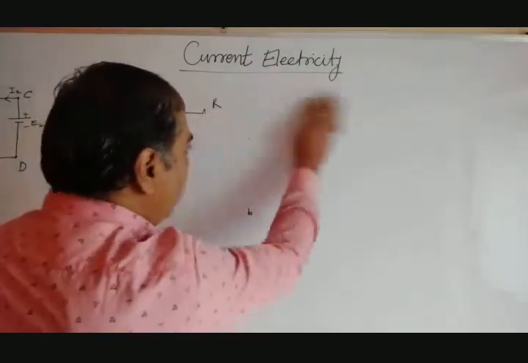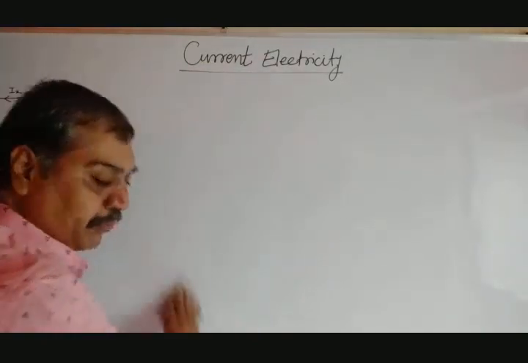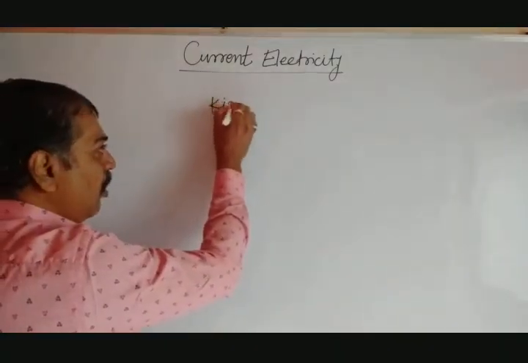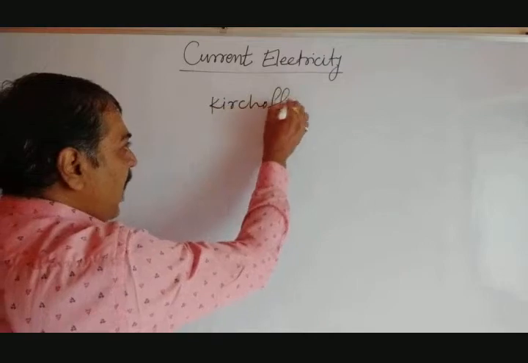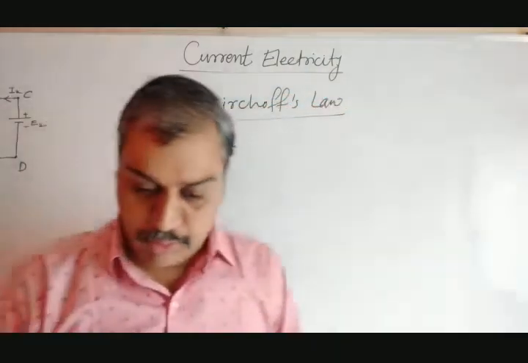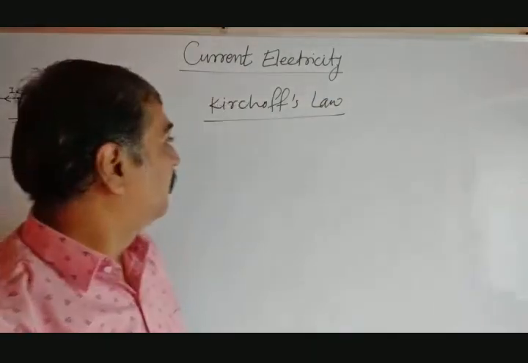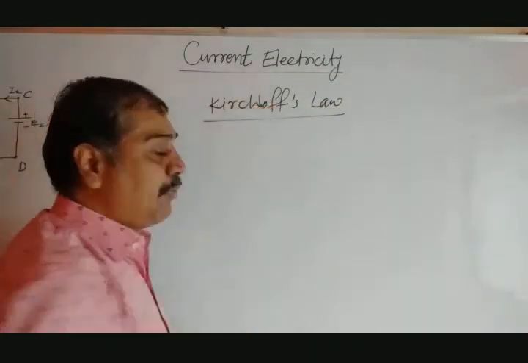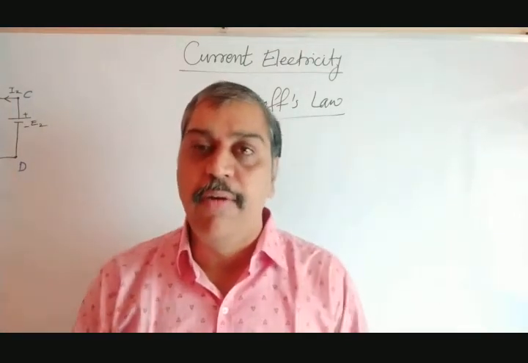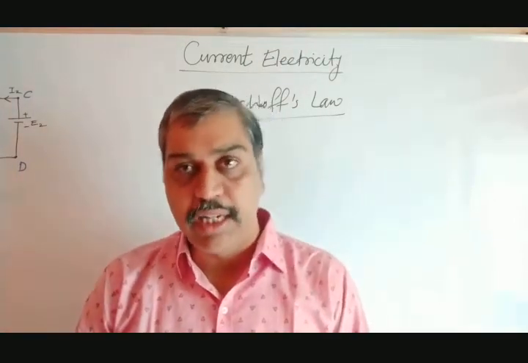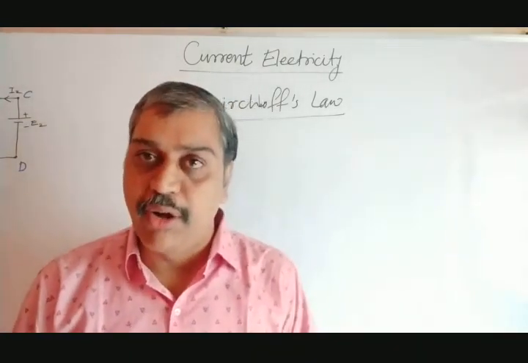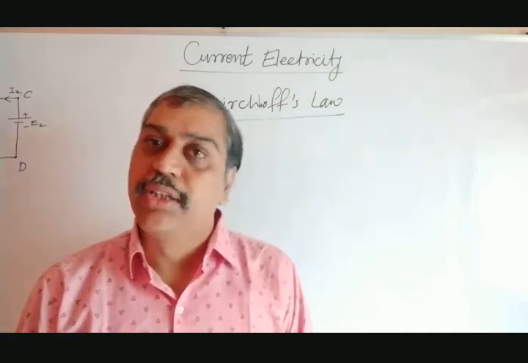Basically there are two types of Kirchhoff's laws. The first law of Kirchhoff is said to be Kirchhoff's first law, or sometimes Kirchhoff's current law. The second law of Kirchhoff is said to be Kirchhoff's voltage law, or sometimes Kirchhoff's second law.